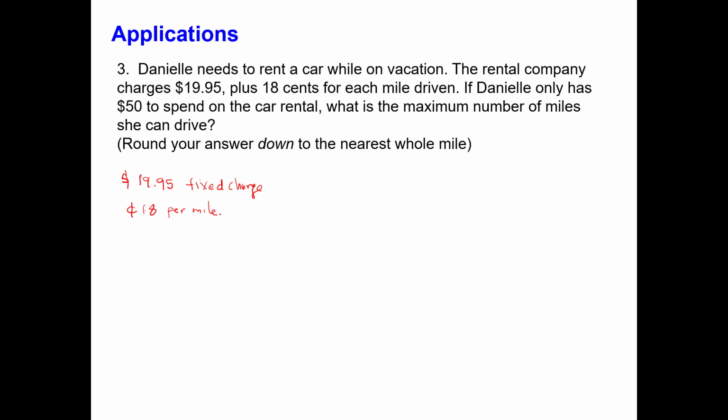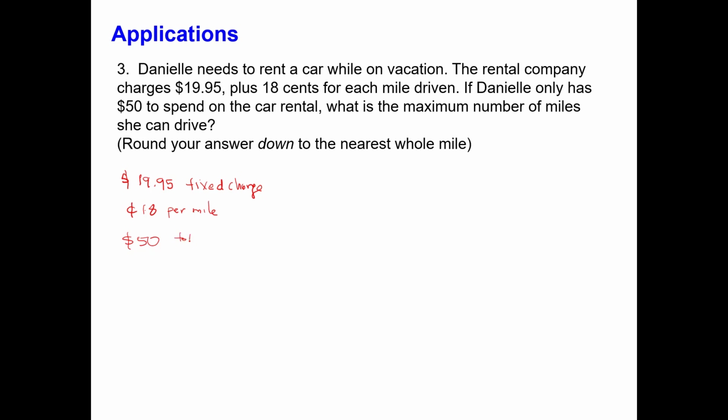Let's continue. Let's read the other part of the problem. If Daniel only has $15 to spend on the car rental, and the total money she can spend on the car rental is $15.